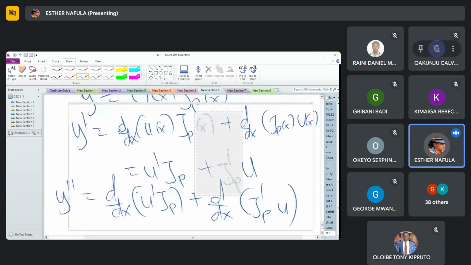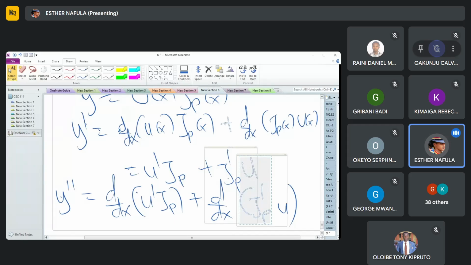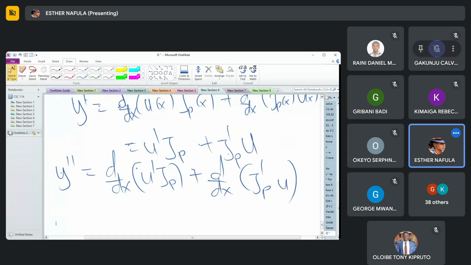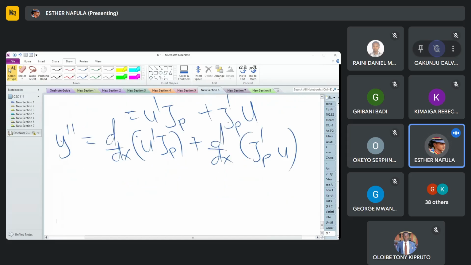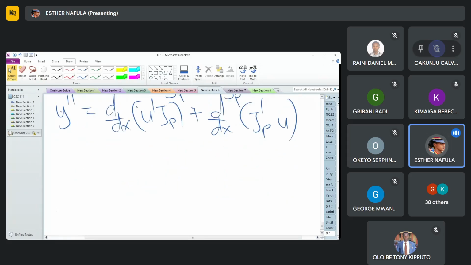Again, they are both products of two functions, so we apply the product rule to each part. If we apply the product rule to the first part, what do we get? You can first differentiate u prime holding Jp constant, then differentiate Jp holding u prime constant. Go to the second term, differentiate Jp prime holding u constant, then differentiate u holding Jp prime constant.